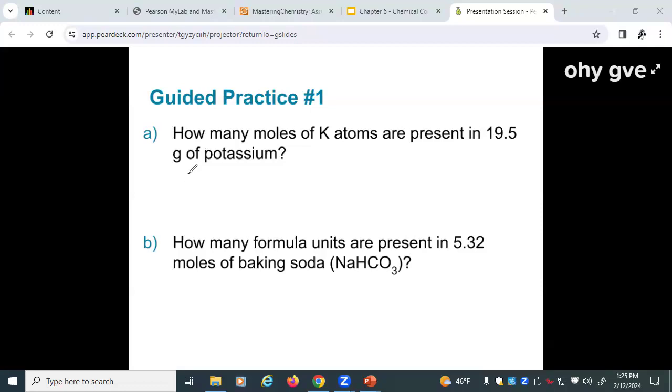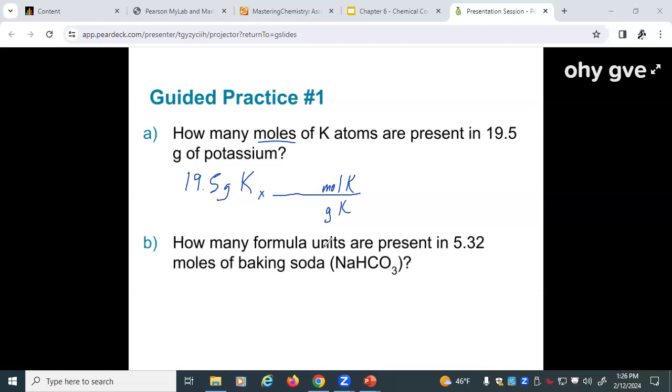So we start with our 19.5 grams of potassium. Using our dimensional analysis, we know that we want to go from grams of potassium to moles of potassium. And the gateway between the two is molar mass.